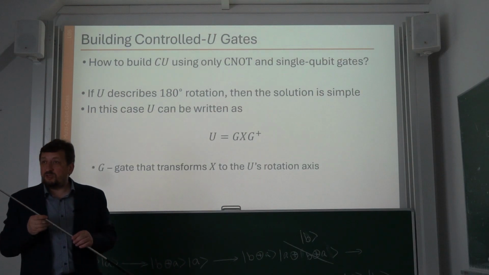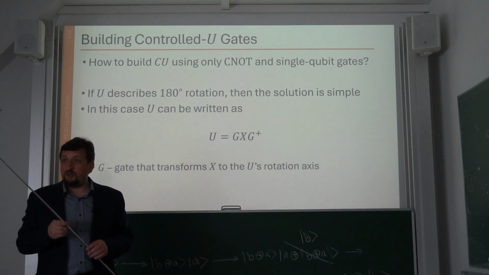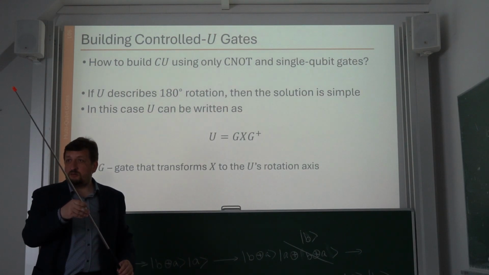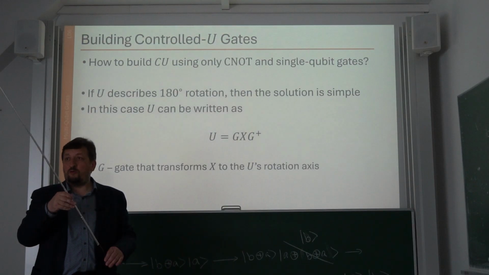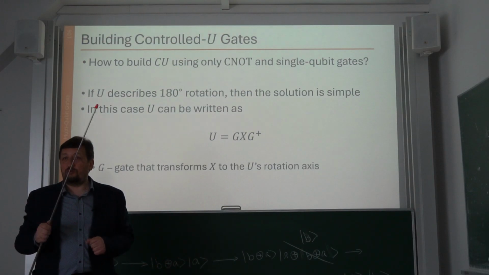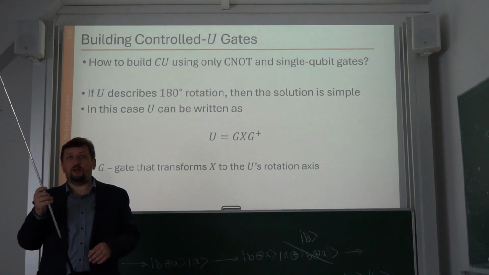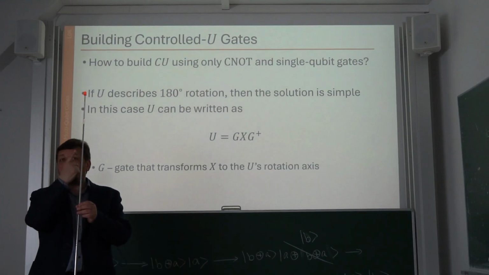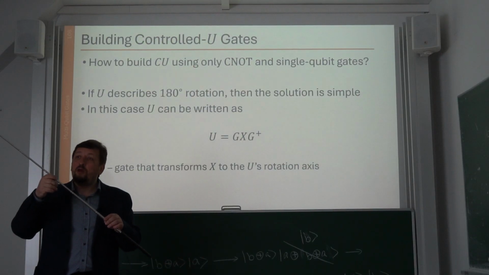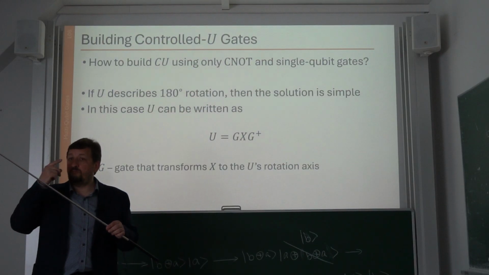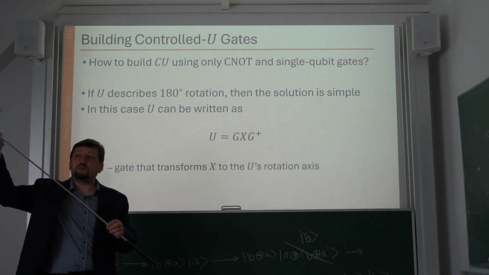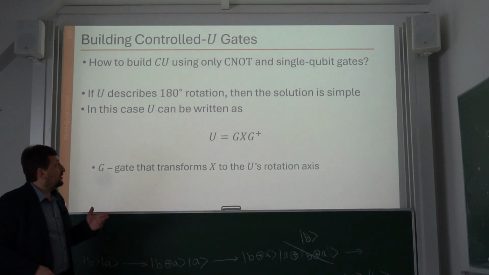Suppose this gate U describes rotation by 100 degrees about some axis. We know how to realize a control version of rotation about the x-axis, and now we know how to realize control rotation about the z-axis, but suppose we want to realize a control rotation by 180 degrees about some arbitrary axis.